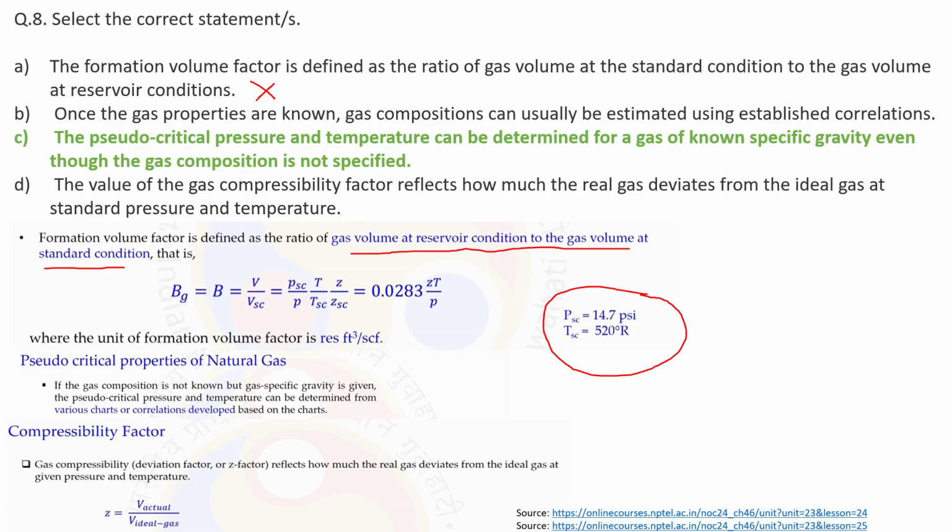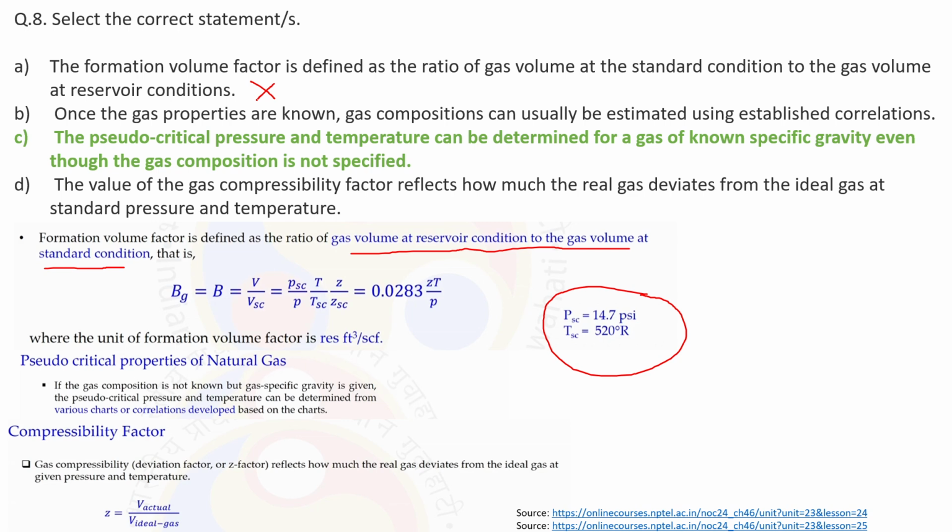Next is, once the gas properties are known, gas composition can usually be estimated using established correlations, which is also not correct. When we studied all the correlations, the first thing we already knew was the gas composition. According to the gas composition, we find the apparent molecular weight, and from that we find the gas specific gravity, which is used to find the different gas properties.